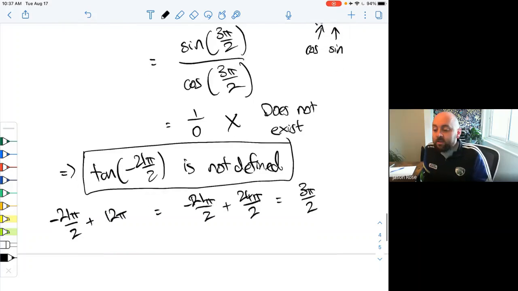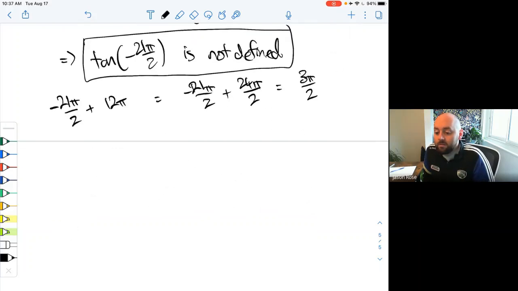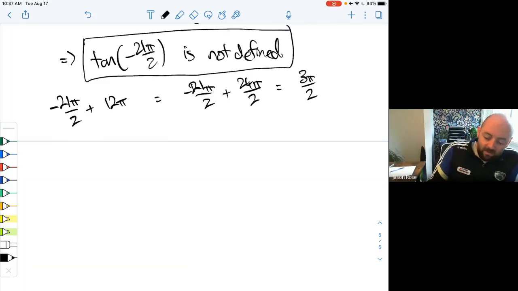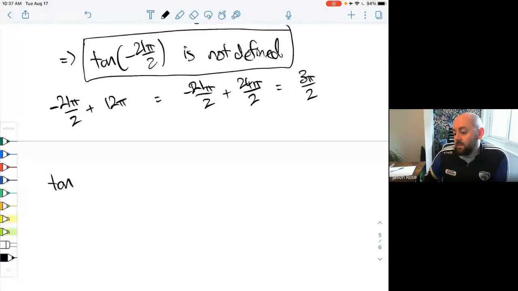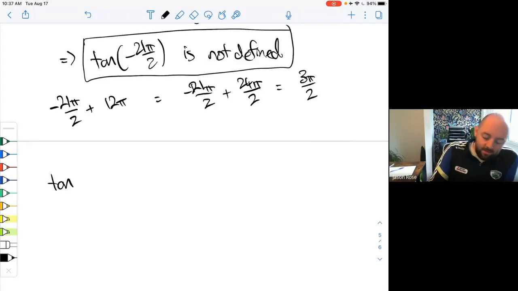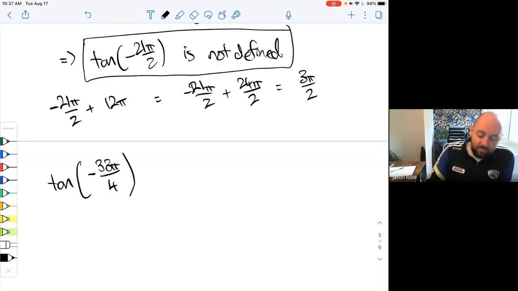And pick any number, any big number you want, within reason. Don't pick like 4,930,000,000. Okay. So let's do tan. Do you want positive or negative? Plus or minus? Give me a plus or minus in the chat. Minus. Okay, so let's do tan of minus 33 pi over 4.